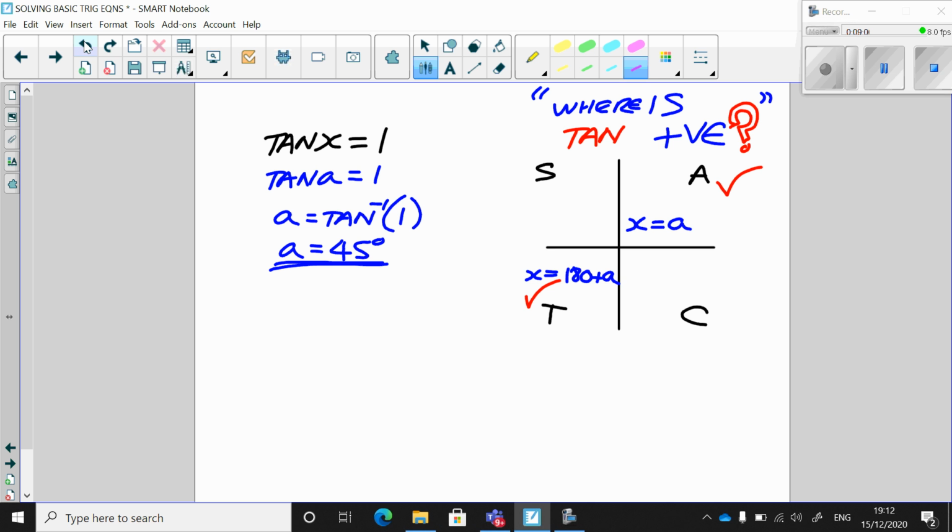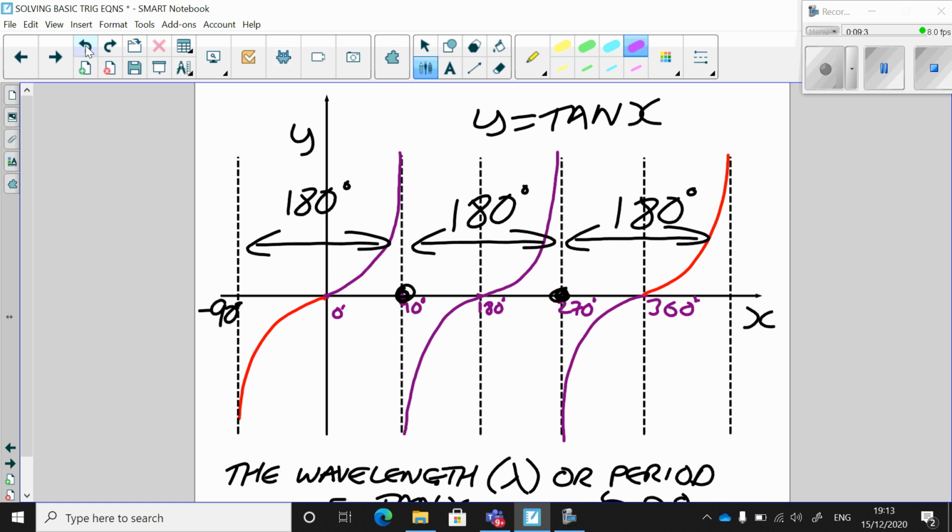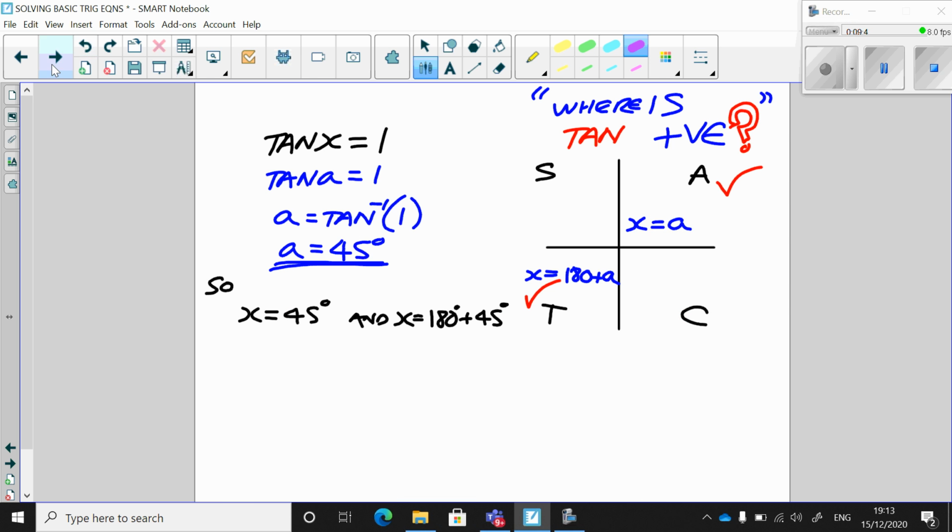45. Okay. We're going to take that answer 45 and we're going to put it in to both of them, right? In here and in here. So we're going to have x equals A is 45 and 180 plus A is 180 plus 45. That's what I've just done there. And let's tidy it up.